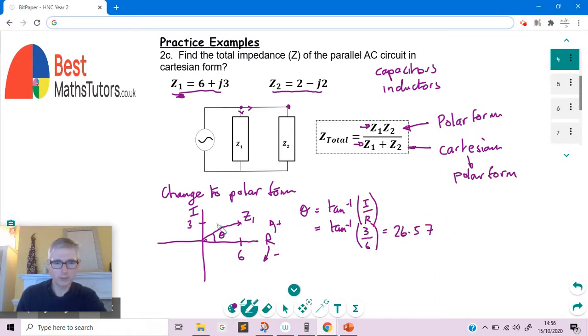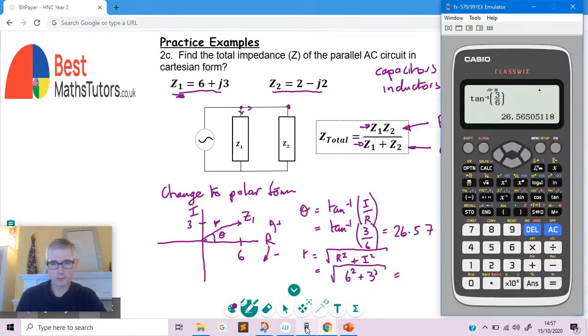I also need to work out the modulus of that. That's the length of the line, which I'm going to call lowercase r. It's like Pythagoras, this is. So r is the square root of the real part squared plus the imaginary part squared. In the case of Z1, that's going to be the square root of 6 squared plus 3 squared.